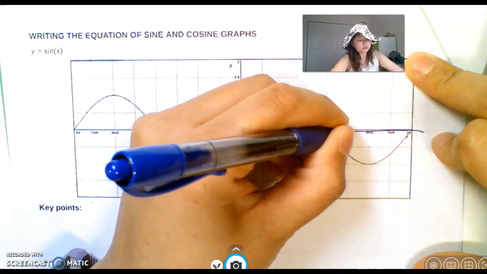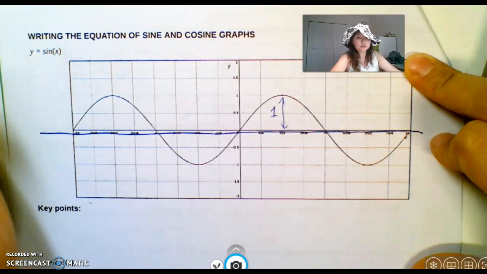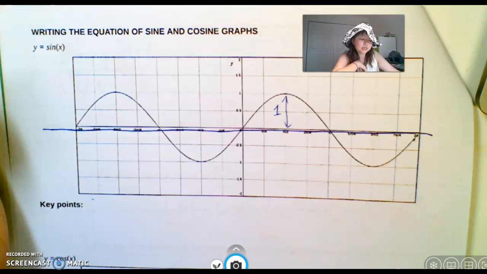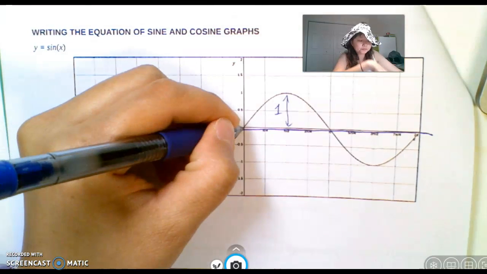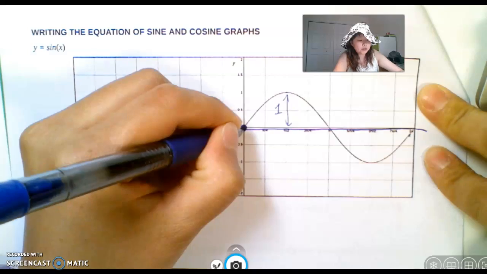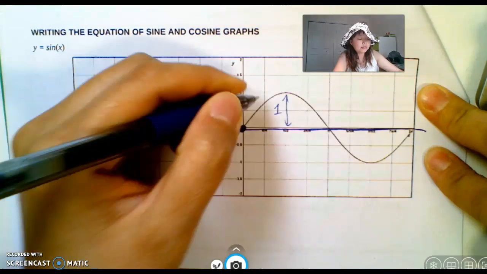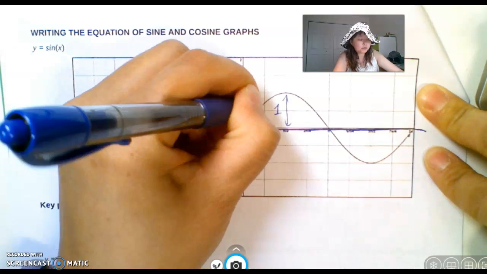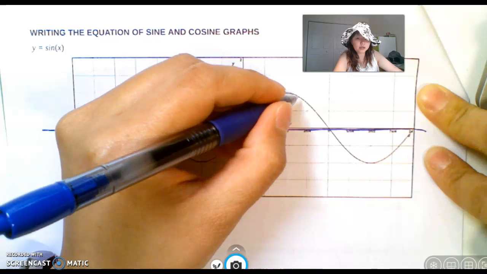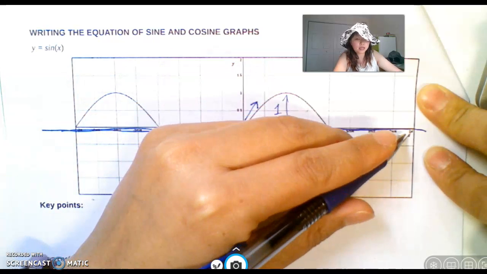When you are trying to write an equation from a graph, this middle line is really important. So make sure you draw the middle line first. For me, the key point for sine is the origin. So once you draw the middle line, right here, the sine graph starts up and then hits the maximum point and goes down to the lowest point, then it goes up again.